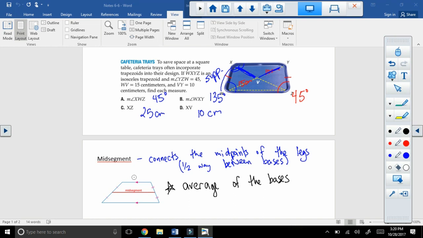So what I could do is call this one base 1 and this one base 2, add those up and divide by 2, and that would equal the length of the mid-segment.